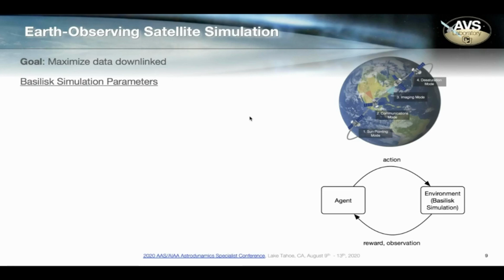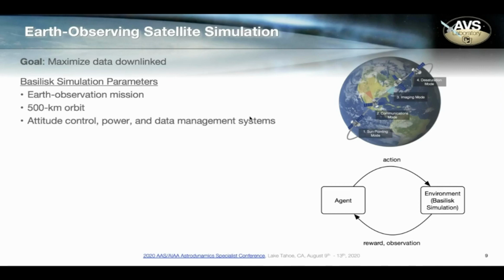A few Basilisk simulation parameters. These are detailed in the paper, but just at a high level here, it's a 500-kilometer orbit. We have a full attitude control, power, and data management system. The attitude control system includes reaction wheels and attitude control thrusters. The power system includes solar panels, batteries, a reaction wheel power model, an instrument power model, and a transmitter power model.